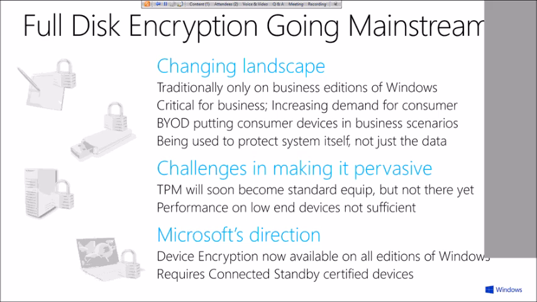We need to be able to protect the system itself and not just the data. So what do we do about that? We decided that device encryption will be made available on all editions of Windows we ship. It will require connected standby certified devices, but again, we made sure that there's a low overhead and that we will enable disk encryption for them.